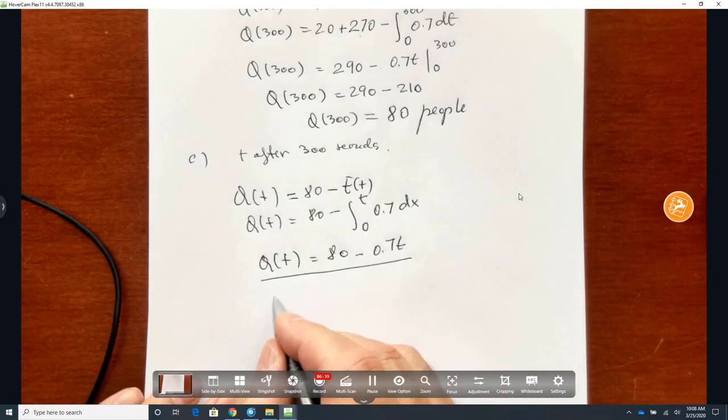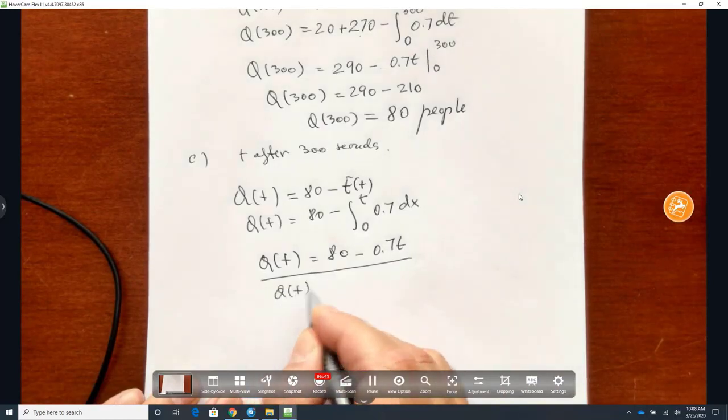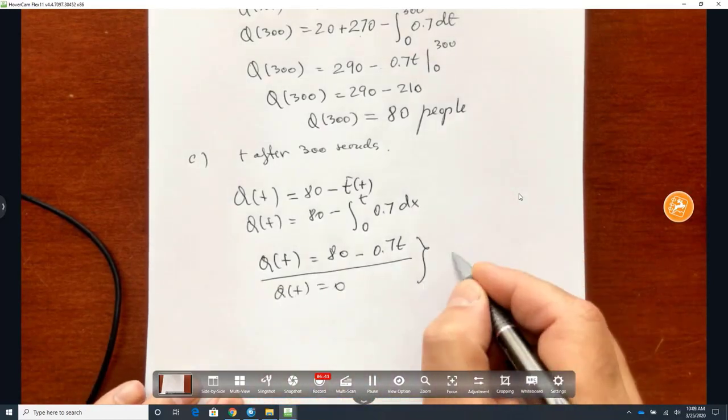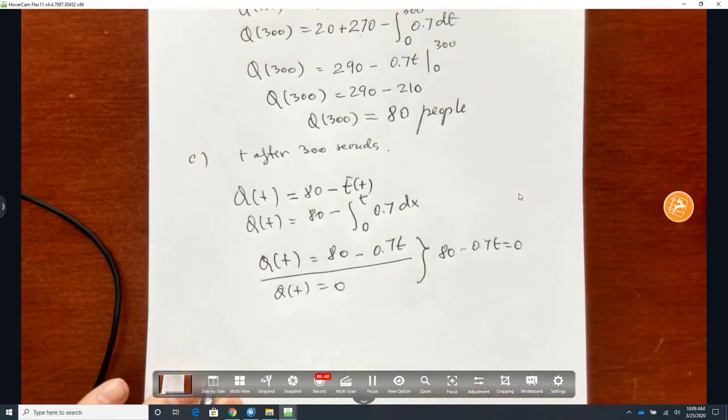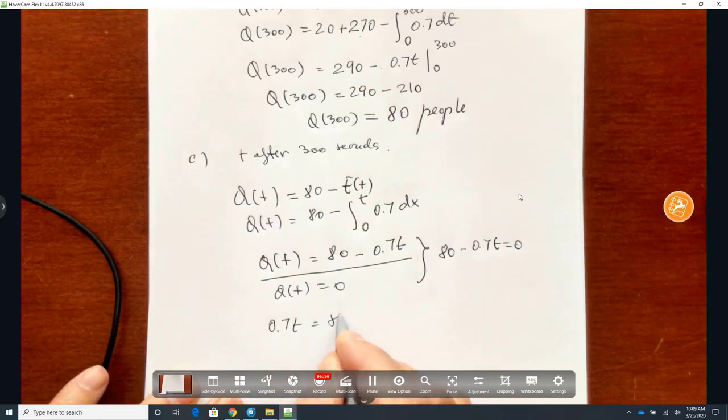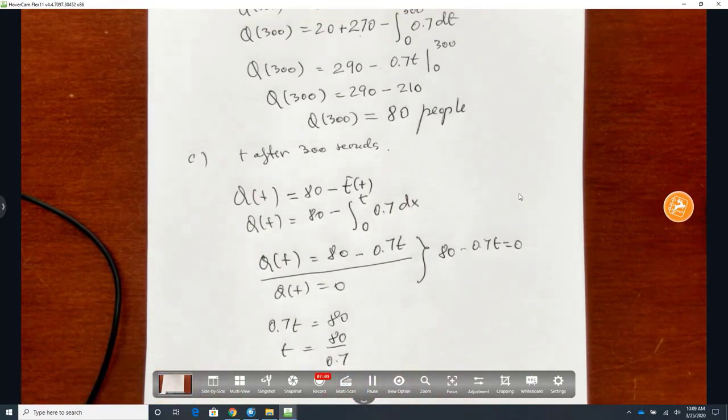Q of t equals 0 results in 80 minus 0.7t equals 0. Solving that equation, I end up with 0.7t equals 80, so t is 80 divided by 0.7. So 80 divided by 0.7 will give me the time.